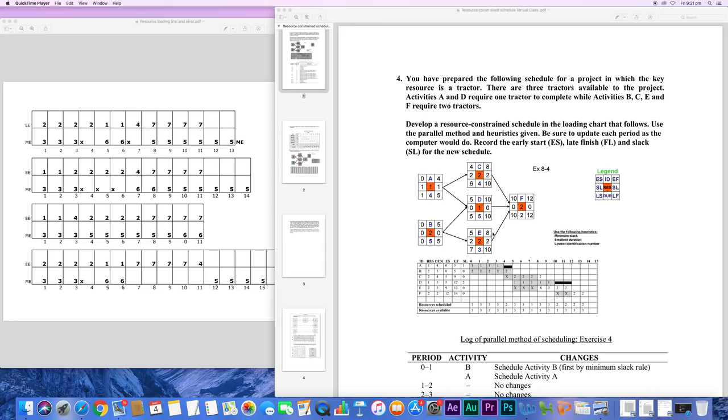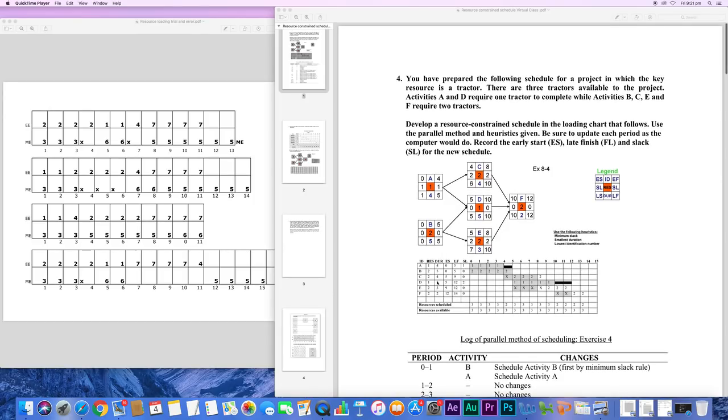Develop a resource constrained schedule in the loading chart. This is how the loading chart looks, and you always have to develop a loading chart when you have a resource constrained project. Use the parallel method and heuristics given. Be sure to update each period as the computer would do. Record the early start, late finish, and slack for the new schedule.